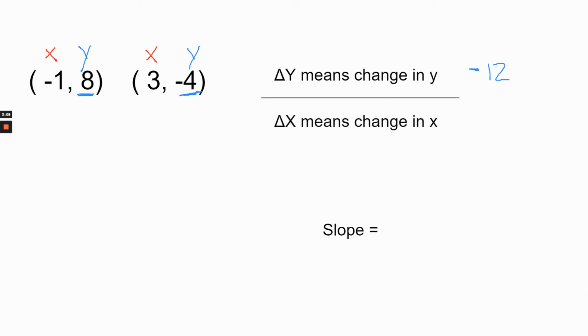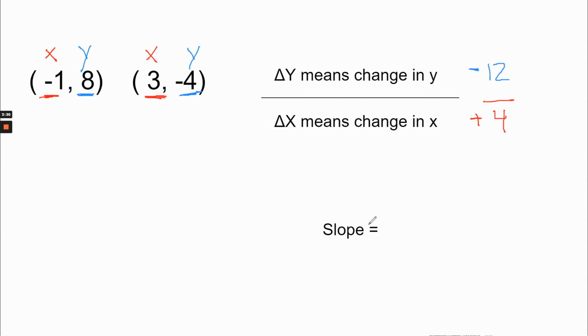The next thing we need to do is find our change in x. So for our x's, we went from -1 to +3. So we need to think, how did we go from -1 to +3? Well, we added 4.